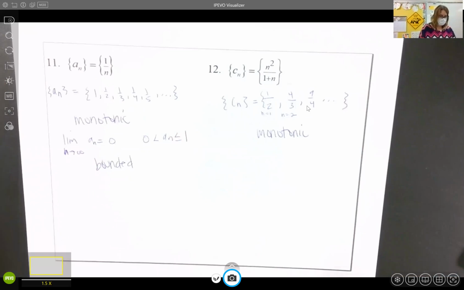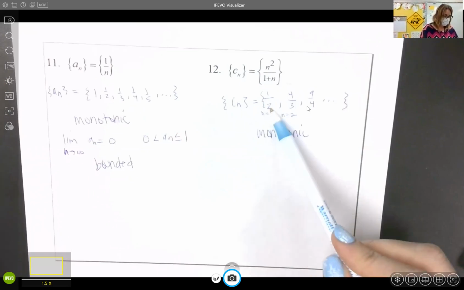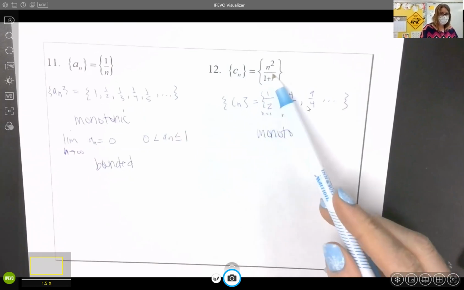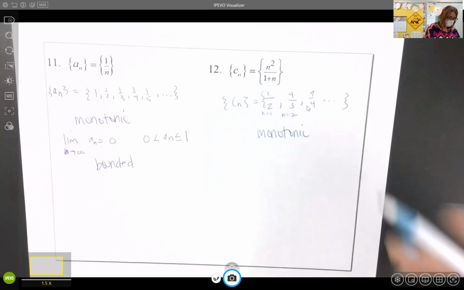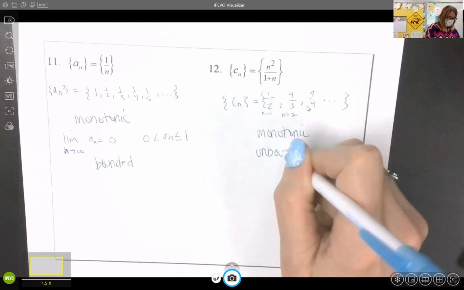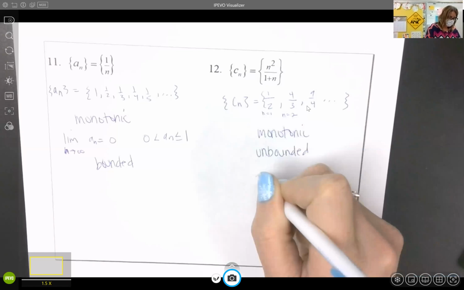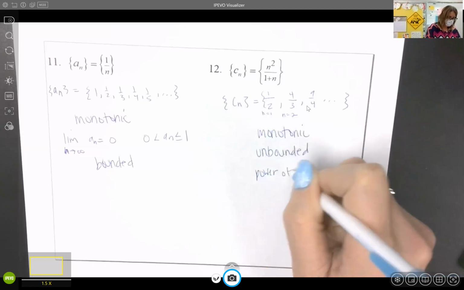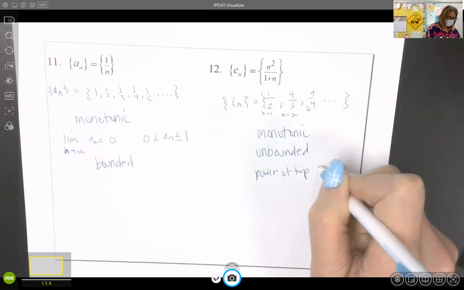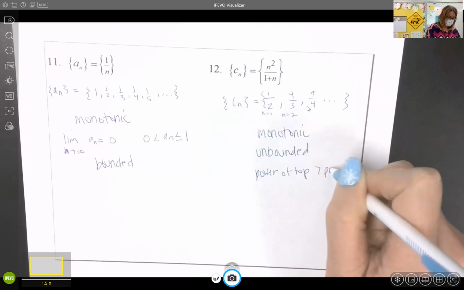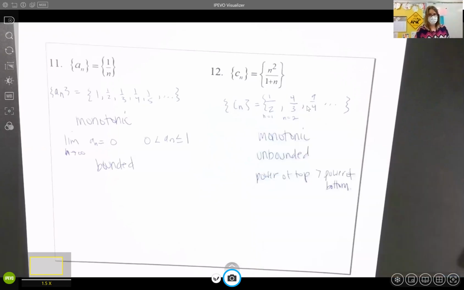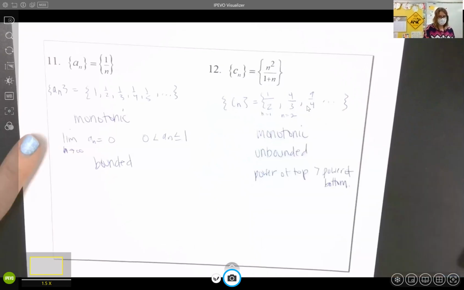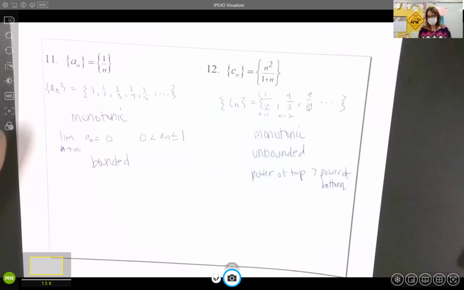And then the lowest is a 1/2. Is there a limit? The top is bigger than the bottom, so this diverges, so it's unbounded. The power of the top, yep, is greater than the power of the bottom. Okay. So that means there's no limit, it's unbounded.